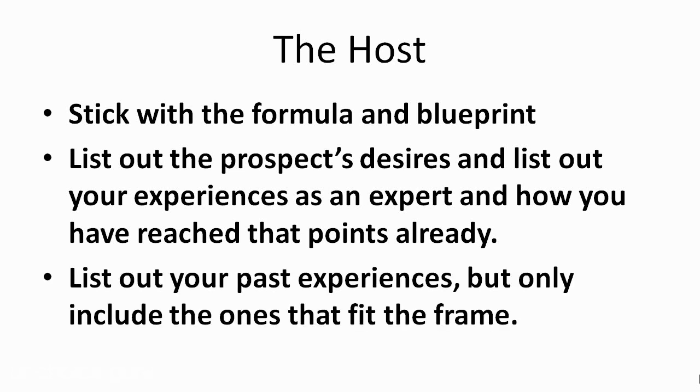Because people want to know your past experiences with the product and service, but only include those that actually fit that frame. If your past experiences have nothing to do with those objections or those desires, don't list them at all.